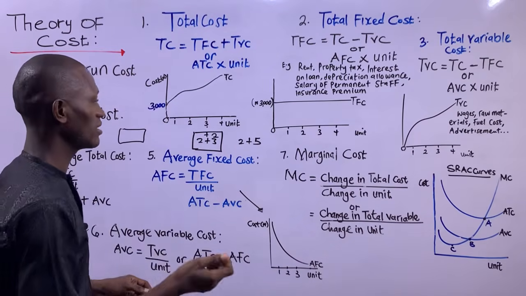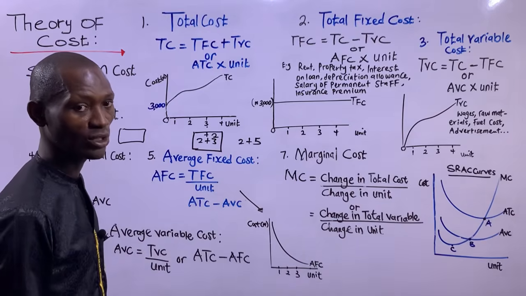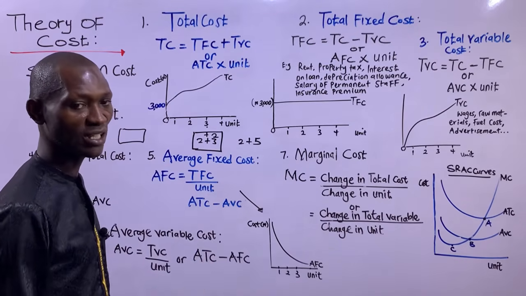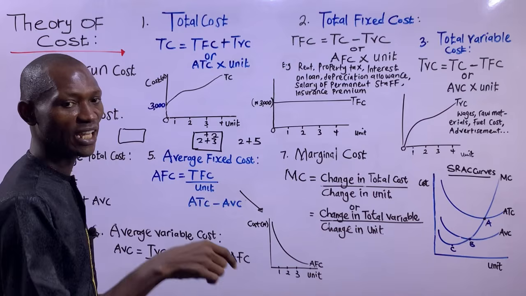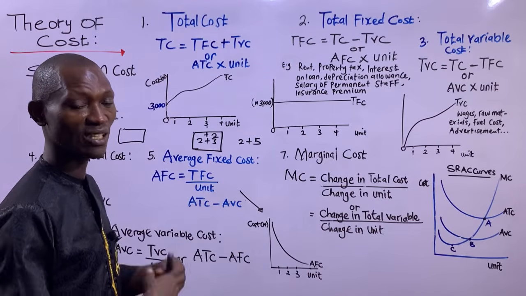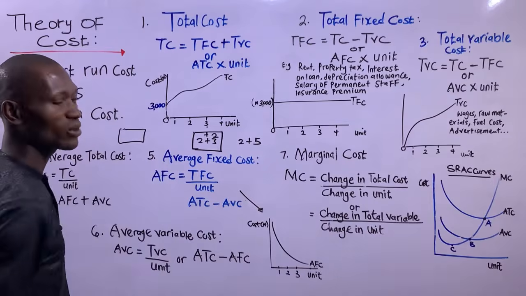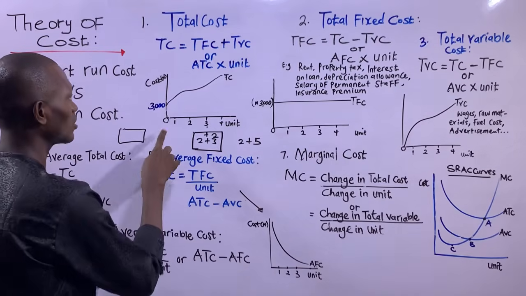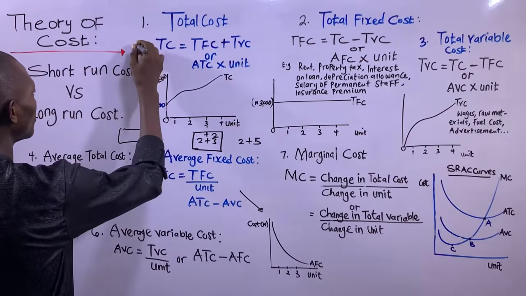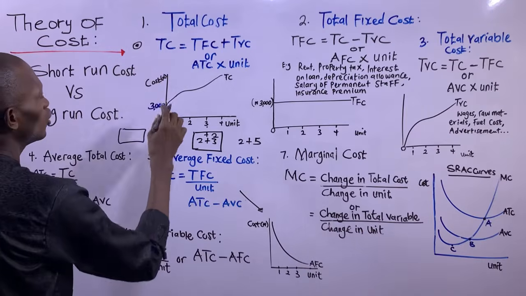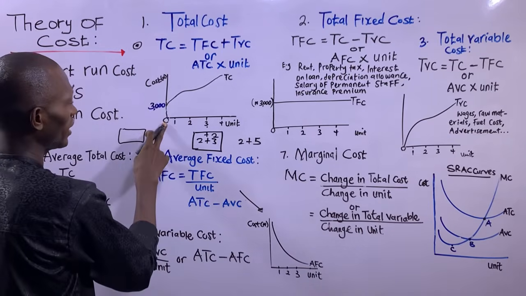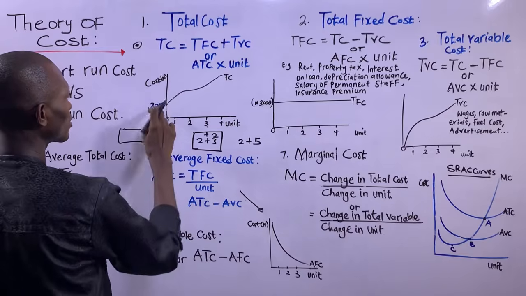And what that simply means is that when output is zero, total cost will not be zero because of the elements of the total fixed cost that is included in the total cost. So when output is zero, total cost will not be zero. So here, when output is zero, total fixed cost is 3,000.